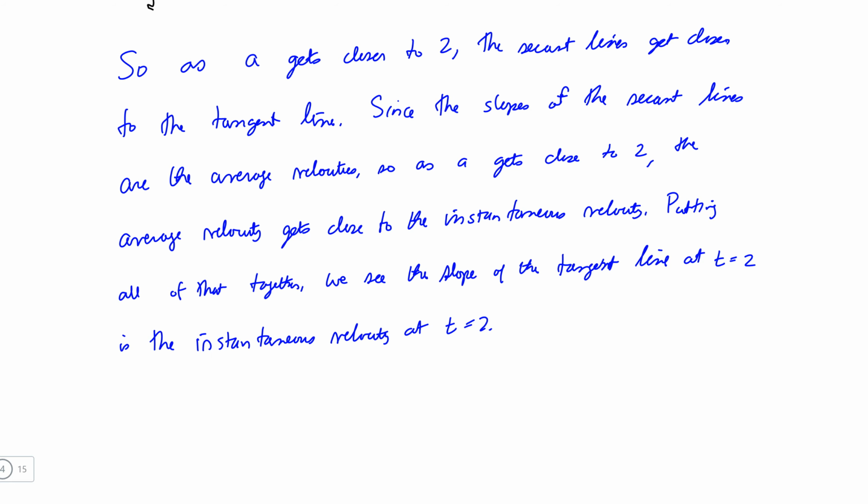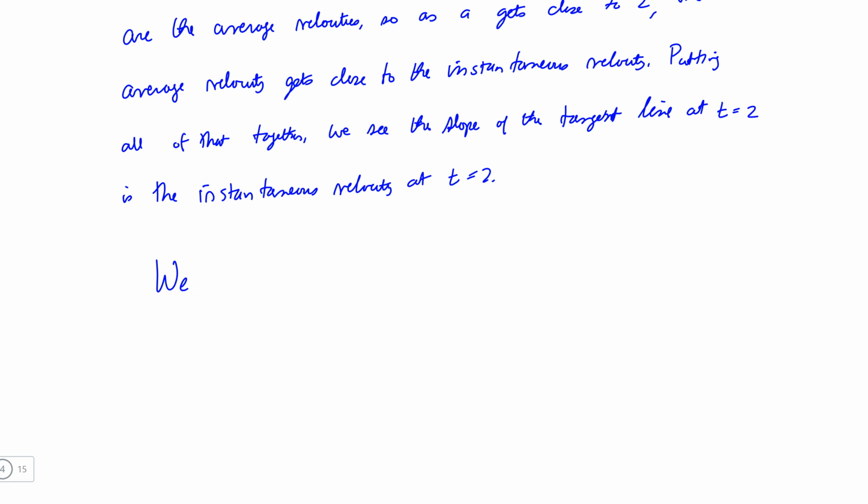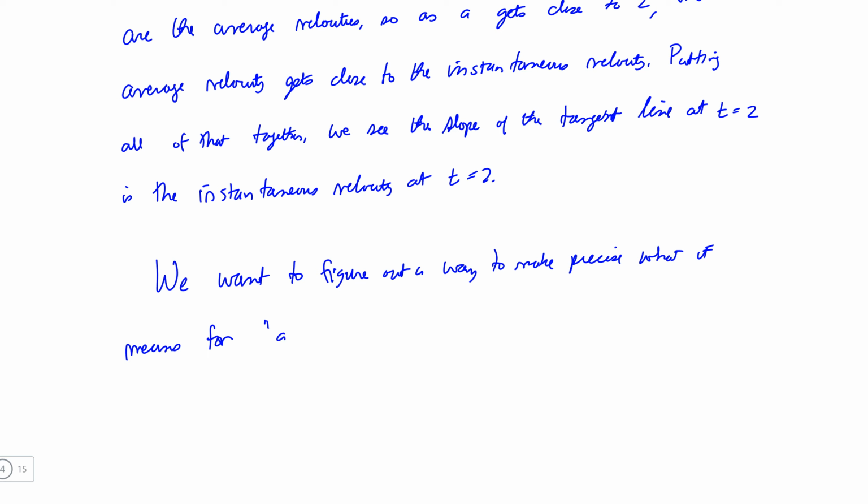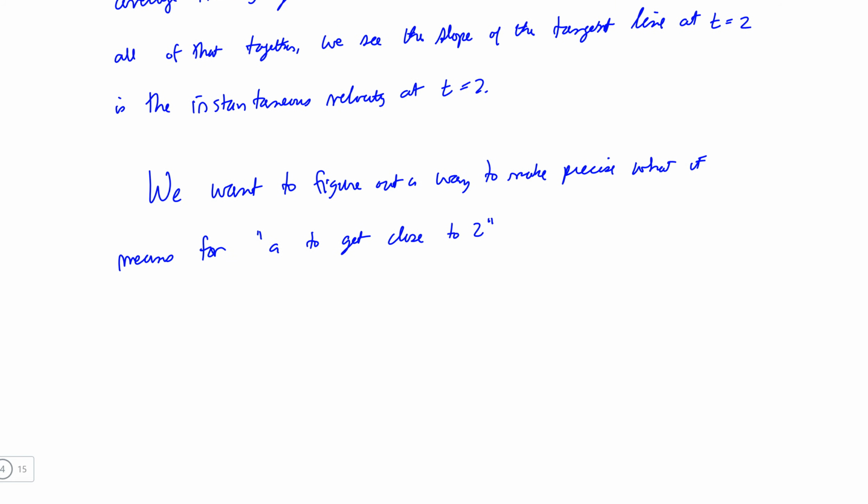So what we're going to want to do is figure out a way to make precise what it means for A to get close to 2, and how to calculate this without having to make a big table.